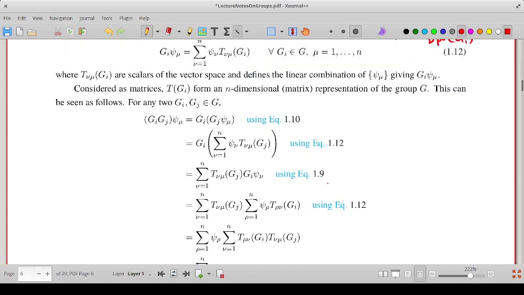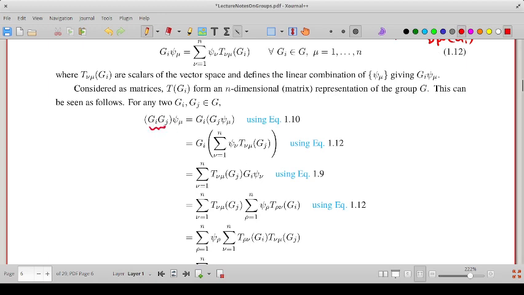Next, we need to show that this mapping is a homomorphism, or in other words, we need to show that T of Gi times T of Gj is equal to T of Gi Gj. For that, let us consider the action of Gi Gj.